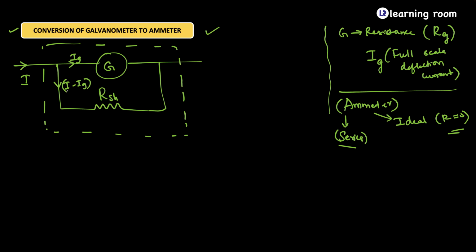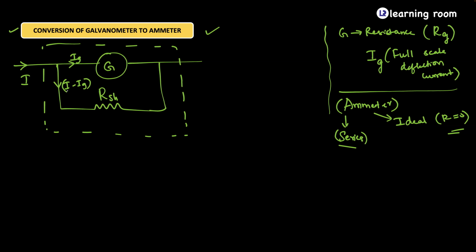In real-time application, whenever you buy an ammeter from a shop, you will see the full-scale value on it. For example, if they say 0 to 5 ampere, the least value it can measure is 0, when no current is passed, and the maximum current it can measure is 5 ampere.